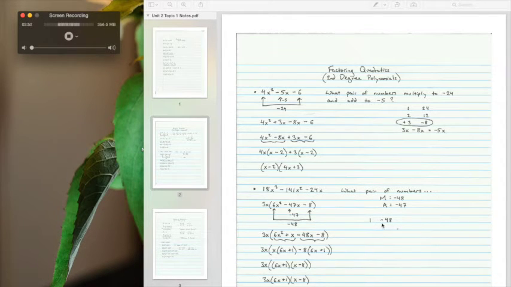If I make the 48 negative, 1 times negative 48 is negative 48, and 1 plus negative 48, or 1 minus 48, is negative 47. Here's my pair of numbers that accomplish this multiplication and addition property.